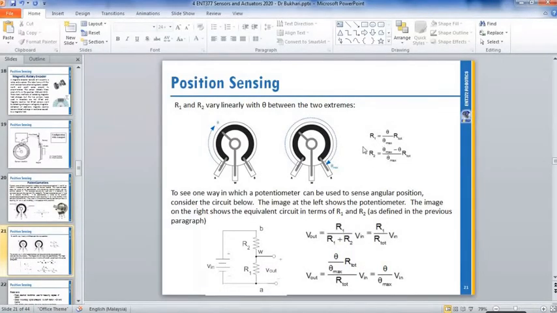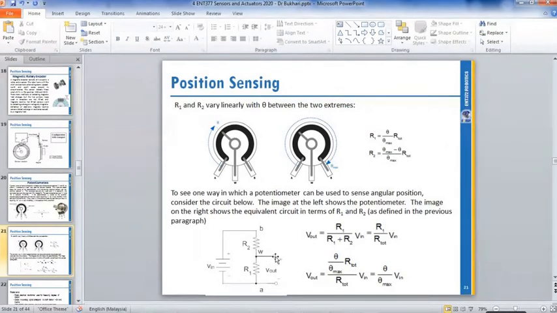So this is theta maximum 180 minus theta 90, divided by 180. So you got also half, multiply by 1000, you get 500. So this is how you relate 500 ohm equal to 90 degree. If you turn your wiper to 90 degree, your reading is 500 ohm. And this is the circuit that normally they use for potentiometer.